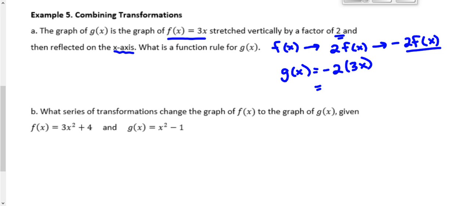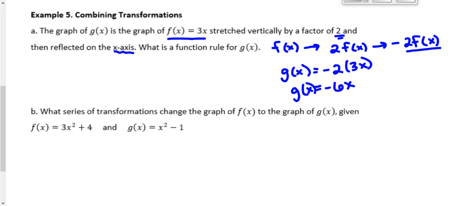And then g of x would be equal to that product, which would be negative 6x. That would be our value of g of x. So negative 6x would meet the requirements of being a vertical stretch of f of x and a reflection about the x-axis. That would be our rule.